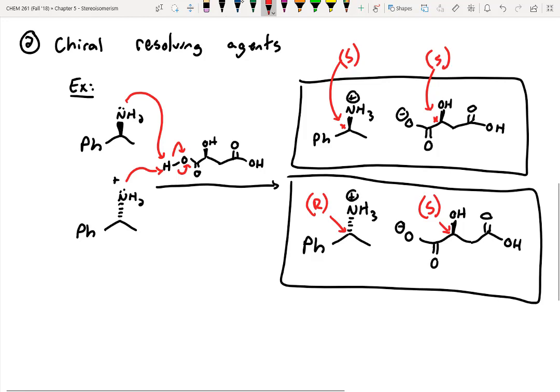They're diastereomers. So in order to do this, though, we have to use something that is chiral in that intermediate step. So this is called S-maleic acid. And this is a naturally occurring chiral compound.